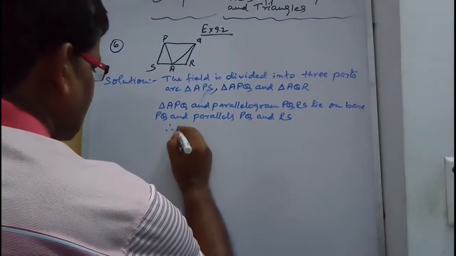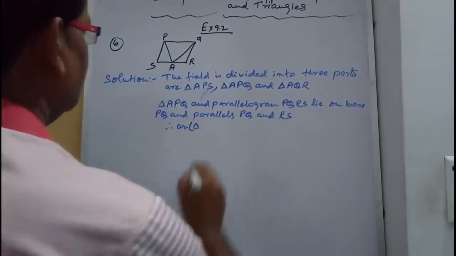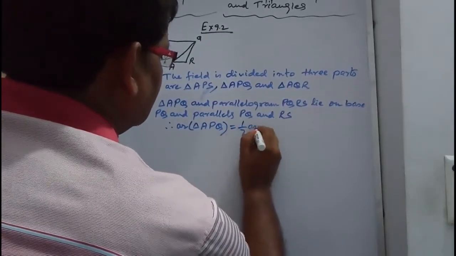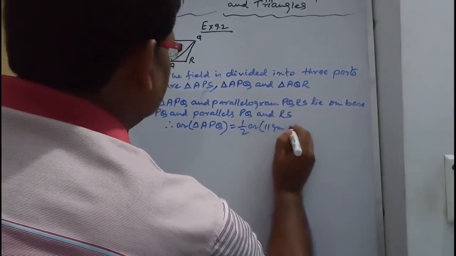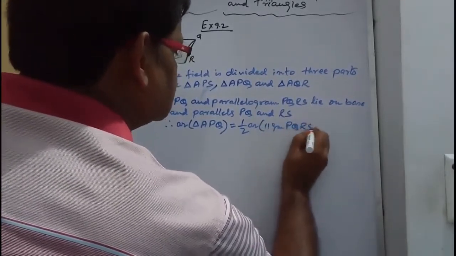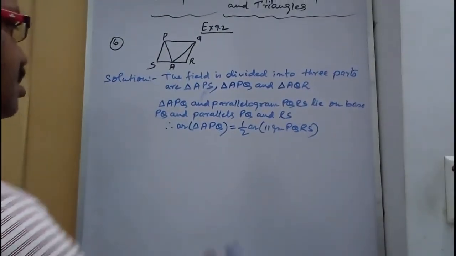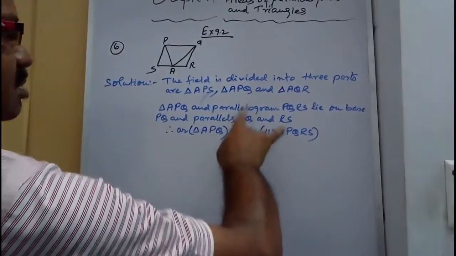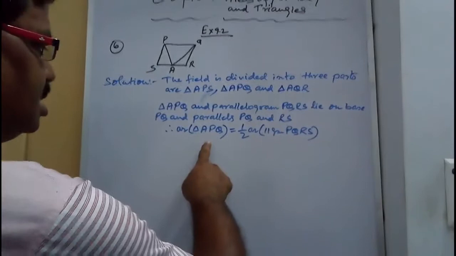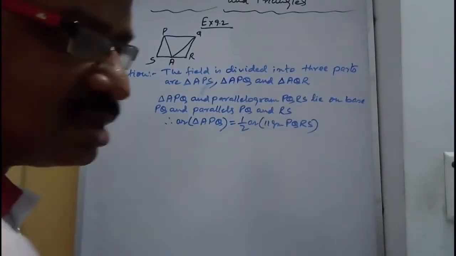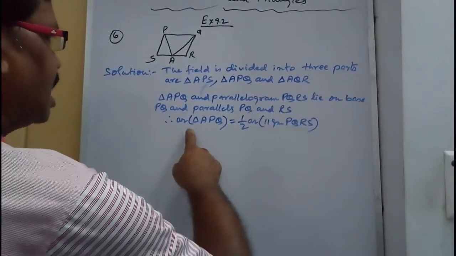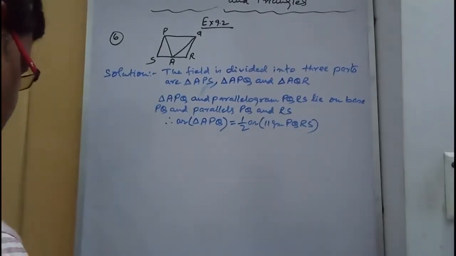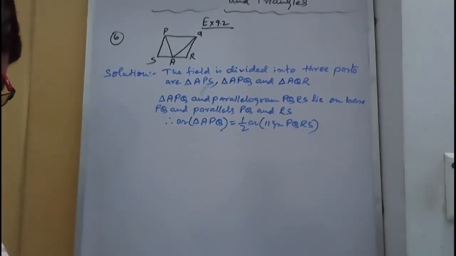Therefore, area of triangle APQ is half area of parallelogram PQRS. As we know that when a triangle and a parallelogram lie on same base and between same parallels, then area of triangle is half the area of parallelogram. Due to that reason, you can write according to this figure, area of triangle APQ is half the area of parallelogram PQRS.